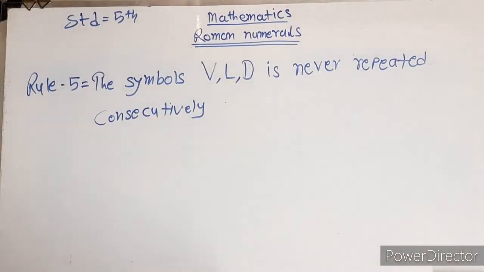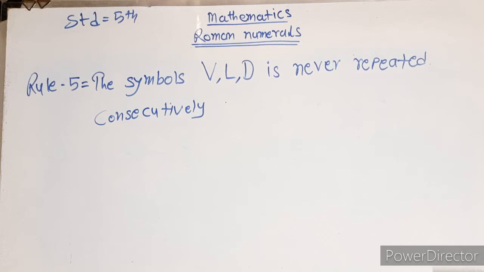Rule number 5. The symbols V, L, D are never repeated consecutively. Listen again. The symbols V, L, D are never repeated consecutively.